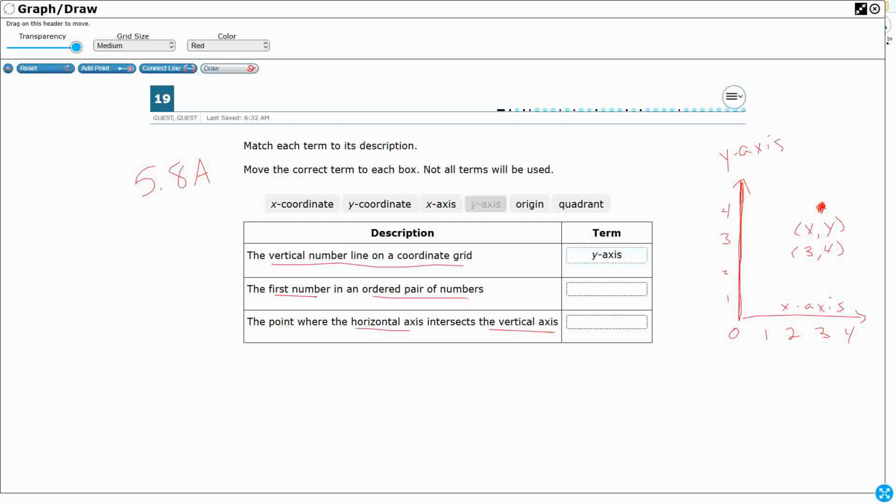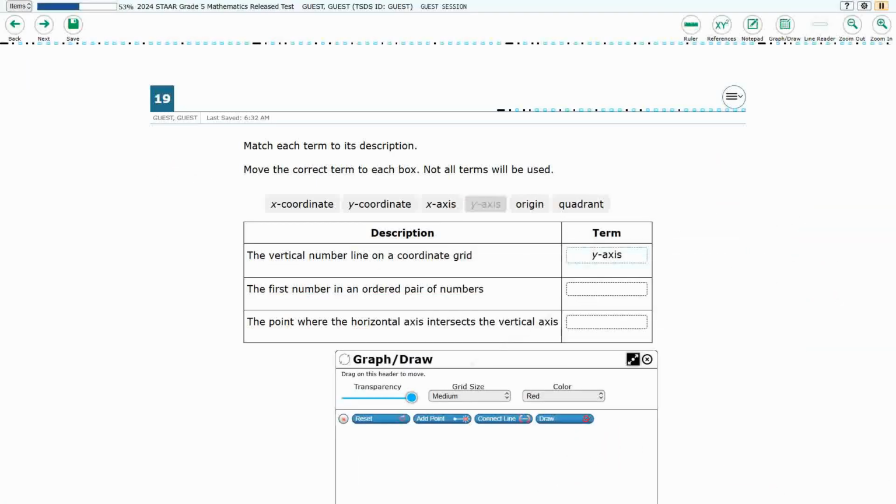But look at that first number. That first number is our x value, or our x coordinate, because it's on the x-axis. It's over 3 spaces, whereas the second coordinate, or the second value, is up 4 spaces. So we would need to recognize that this first number is our x coordinate.